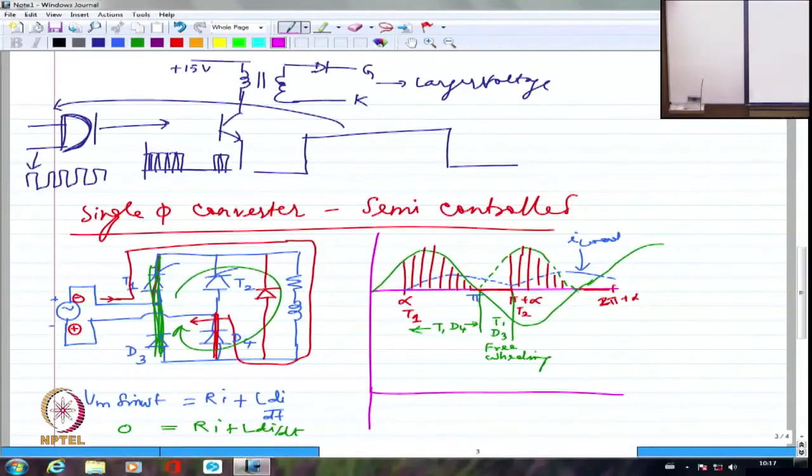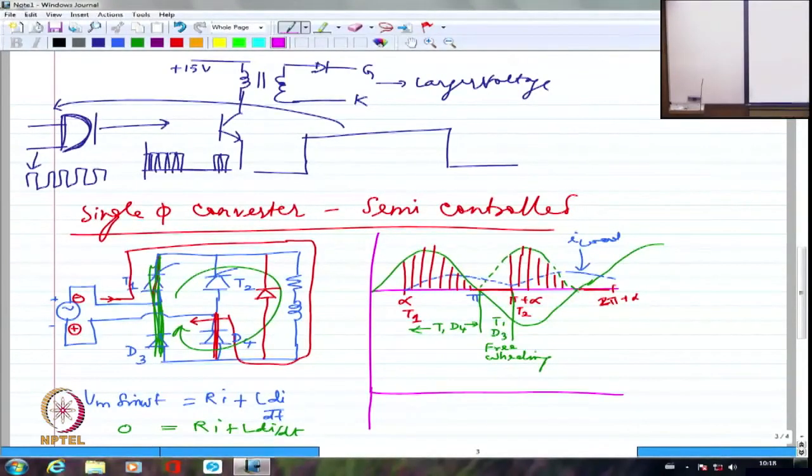Absolutely. Most of the time we assume everything to be ideal devices and do the analysis completely. And 20 milliseconds is vast, like one yug, compared to the microsecond durations involved in turning on and turning off. So if D3 is jumping into conduction, even that will take some time. By then D4 would have recovered.